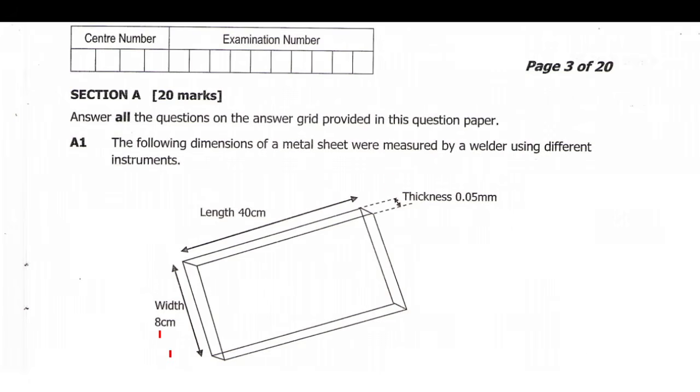Again, a vernier caliper cannot measure this distance, because the least count, or the smallest distance that a vernier caliper can measure in millimeters, is just 0.1 millimeters. So this means that a vernier caliper can't measure this. Then this width here can't be measured by a vernier caliper, because it is out of range of distance that can be measured by a vernier caliper.